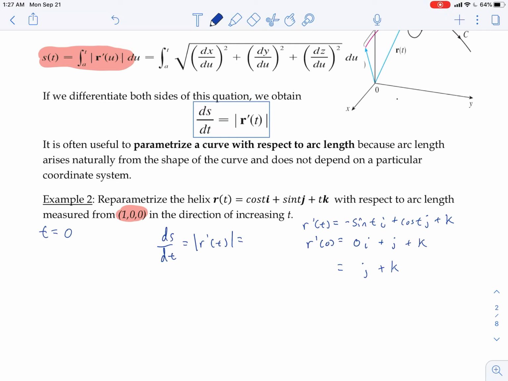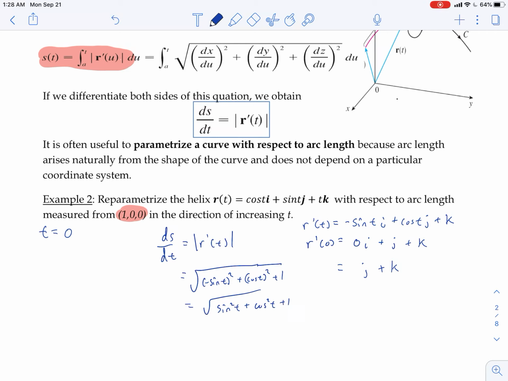Now, for the magnitude of r prime of t, I'll do the work underneath it: the square root of negative sine t squared plus cosine t squared plus 1.